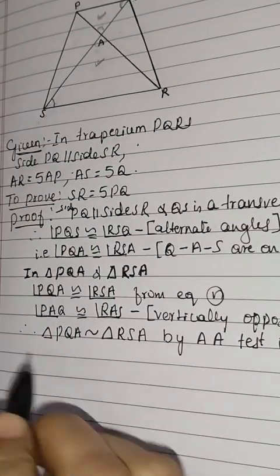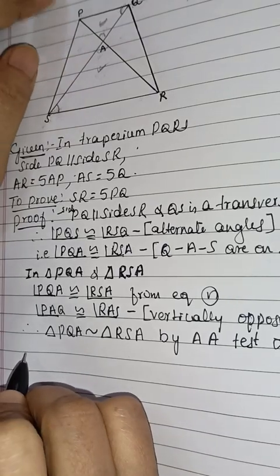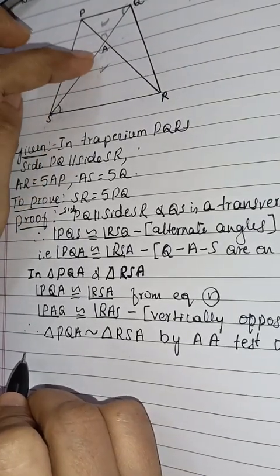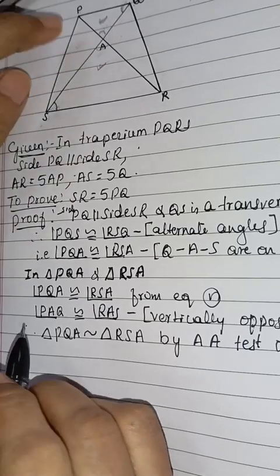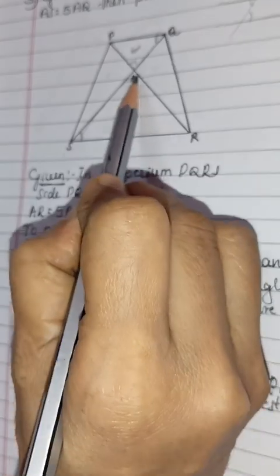Now write the ratio of corresponding sides, since these two triangles are now similar.